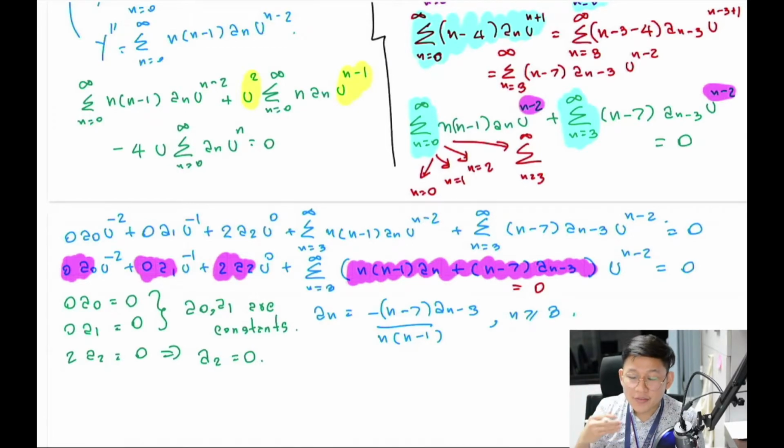Good. And then we need to write down a0, a1, a2, a3, a4, a5, and so on. If they don't say anything in the exam, you need to write down at least 4 terms for a0 and a1, for these constants.